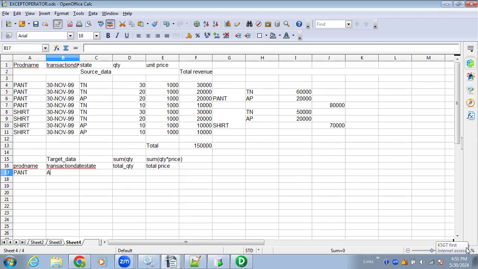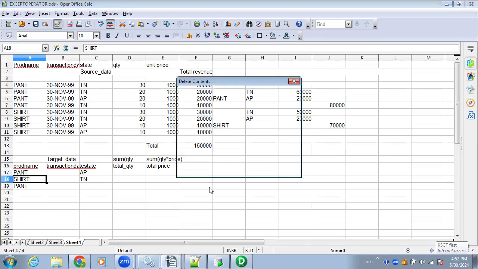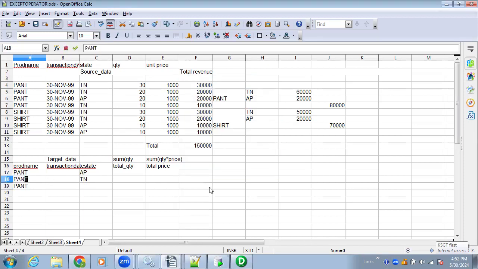Now what I will get: this is your transaction date, and it is across states, AP and Telangana. Initially I'm grouping pant Telangana, then pant AP, sorry, my bad, then shirt AP and shirt Telangana.